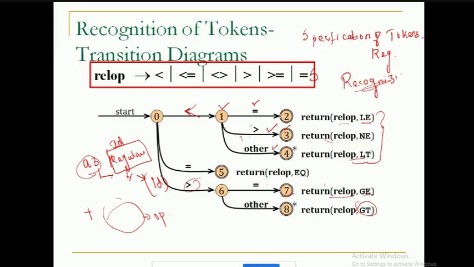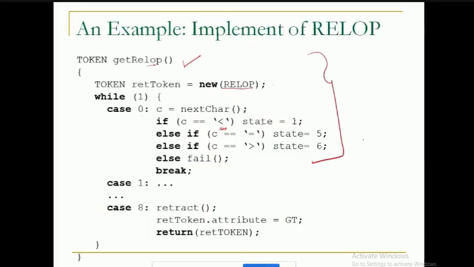The same thing you are doing in the transition diagram can be implemented like this. If the first character is less than or equal to, next you have to move to state 1, and if the next character is equal to, go to state 5, and if it is not equal to, go to state 6.